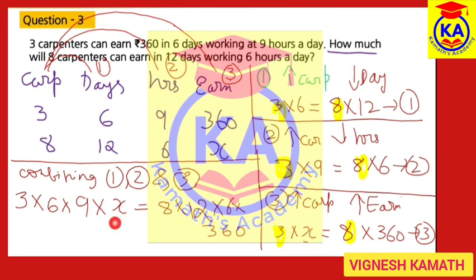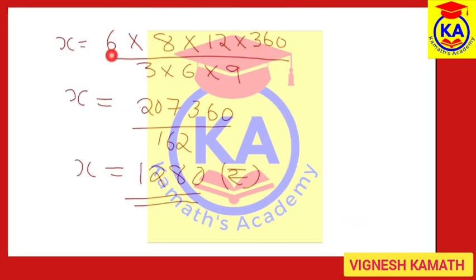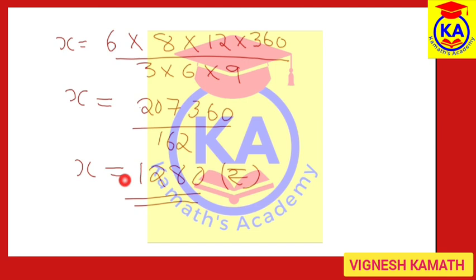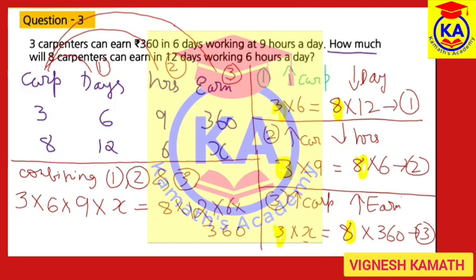Now while solving for x, you will get 6 into 8 into 12 into 360 divided by 3 into 6 into 9. Now x is equal to 2,07,360 divided by 162. Now x is rupees 1,280. So this 1,280 is the earnings. I hope you have understood the question properly.